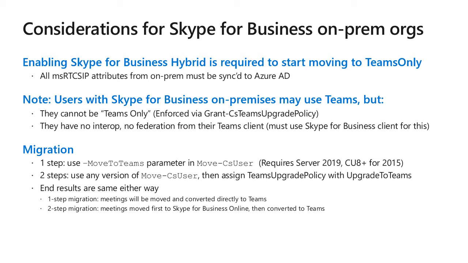That two-step process effectively ends up with the same end results as the one-step process, and that is to ensure that the user is placed into the service in Office 365. They are assigned the Teams-only coexistence mode, and we then take any meetings that were organized by them in Skype for Business and convert them to Microsoft Teams meetings.